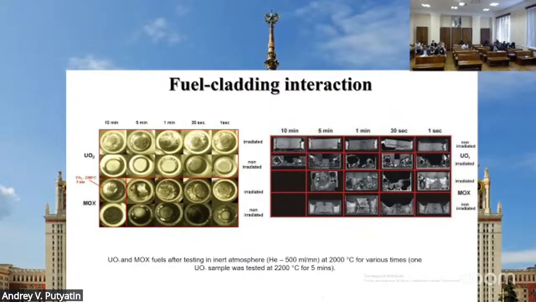Some images are missing here simply because irradiated and non-irradiated MOX fuel, which were interacting at 2000 degrees for several minutes, were physically decomposed and fragmented. So you don't have a solid sample anymore. You have a very strong reaction.